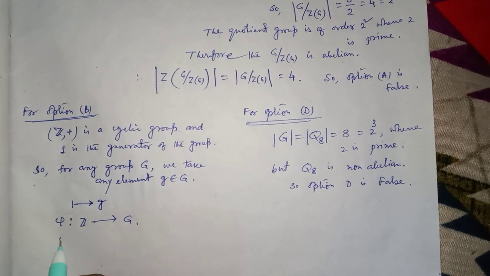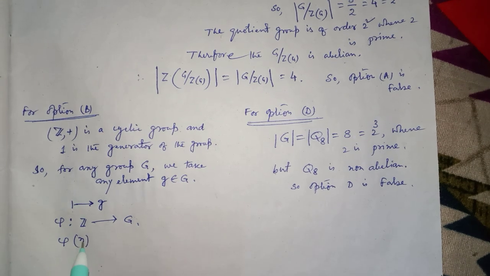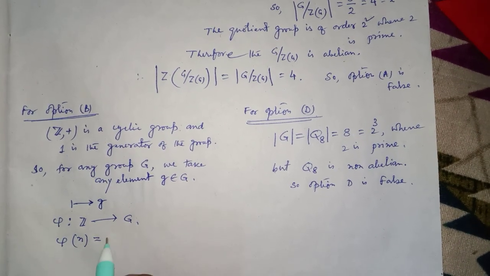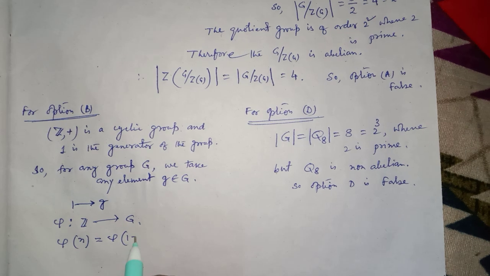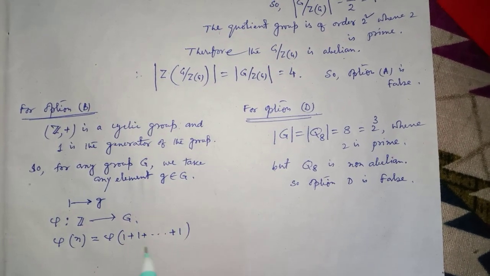Then for any integer n, phi of n is equal to phi of 1 plus 1 plus dot dot dot 1, n times.